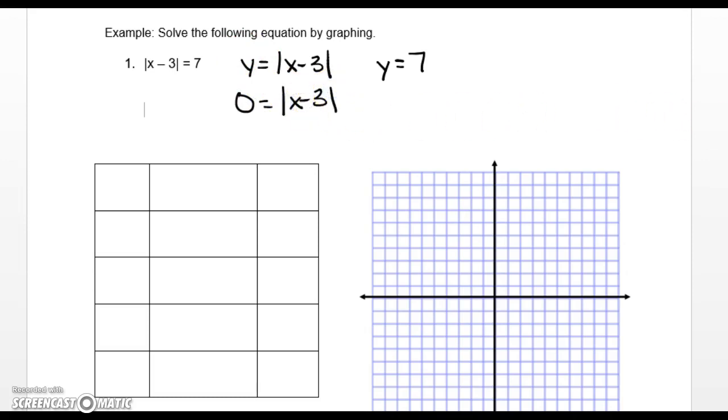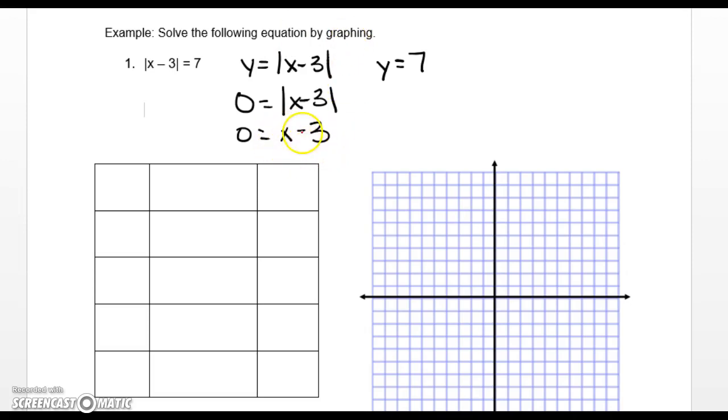As I mentioned in previous videos, when an absolute value expression is equal to 0, we can just drop the absolute value symbols, because whatever x value we have must make it equal to 0, and the absolute value of 0 is just 0. So you have 0 is equal to x minus 3.